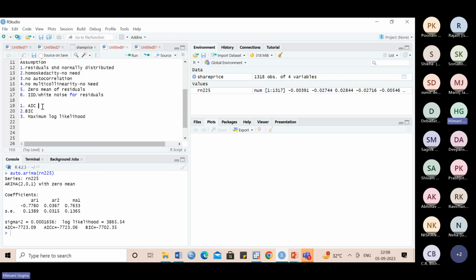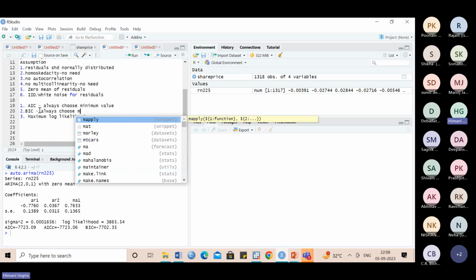If you are using the AIC, always choose the minimum value. If you are finding your best model with the help of BIC, again, always choose the minimum value.